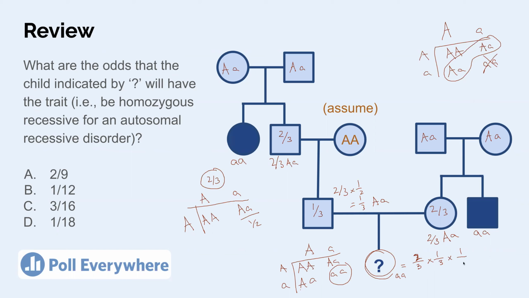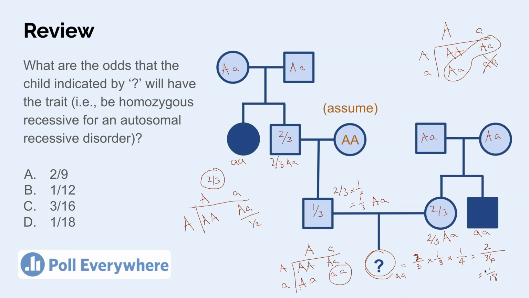And then if they're both heterozygous, we get the Punnett square here, and there's a 1/4 chance that their offspring is going to be homozygous recessive. So this is compounded: multiply out the numerators, 2, multiply out the denominators, 3 times 3 times 4 is 36. Simplify that down to a 1 out of 18 chance.